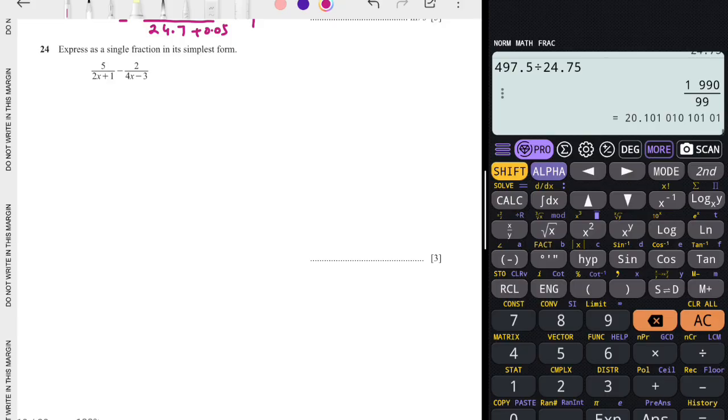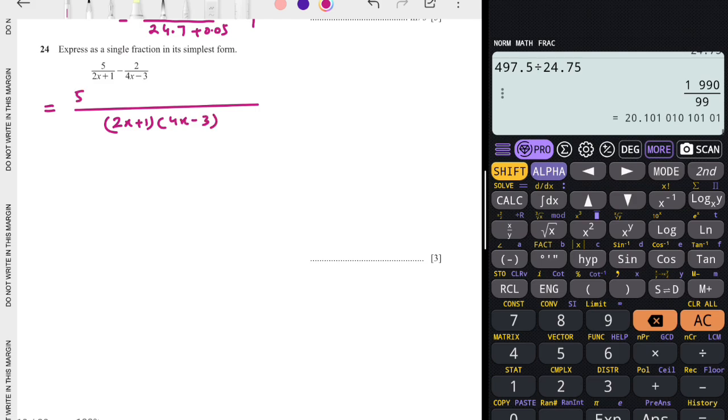Last question, express as a fraction in its lowest form. So we have to take the LCM or make the denominators single. 2x plus 1 and 4x minus 3 would be the LCM.